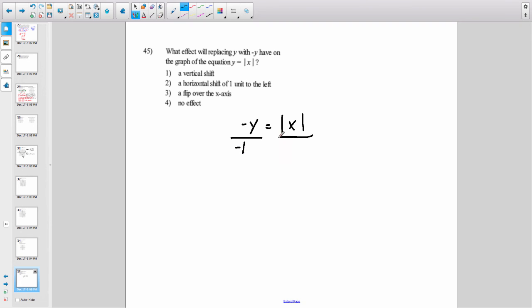And to do that, I would divide both sides by -1. And here's my new equation. Now, this is easy. We all know what it means to have a negative sign outside the function. That means that you flip vertically over the x-axis.